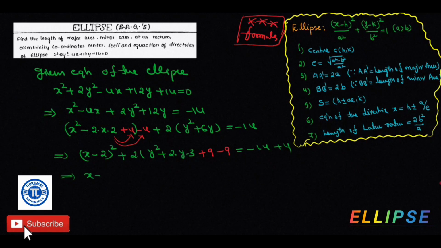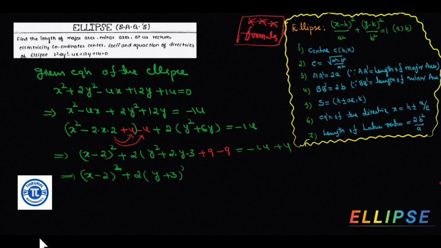Next step: x minus 2 whole square plus 2 of the y terms, which are in the form y plus 3 whole square. Now the remaining 2 into minus 9 is minus 18.